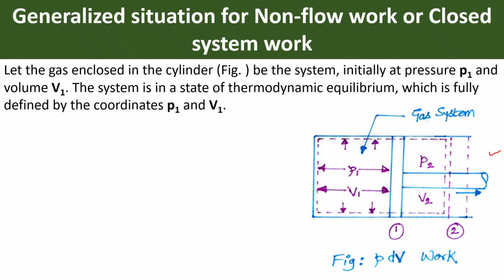Initially the pressure of the gas is P1 and the volume is V1. The system is in a state of thermodynamic equilibrium, which is fully defined by the two coordinates P1 and V1. This is state 1, the initial condition.